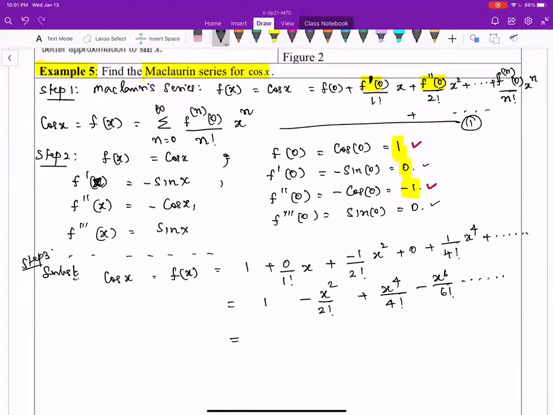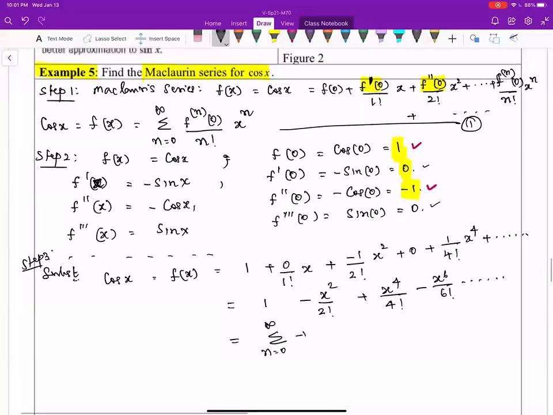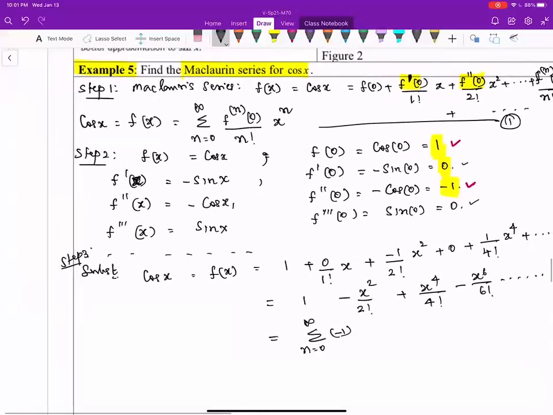If you write this in sigma notation, you have to write only in terms of even exponents. So it will become sigma n varying from 0 through infinity, negative 1 to the power n, x to the power even exponent, that is 2n, over 2n factorial.